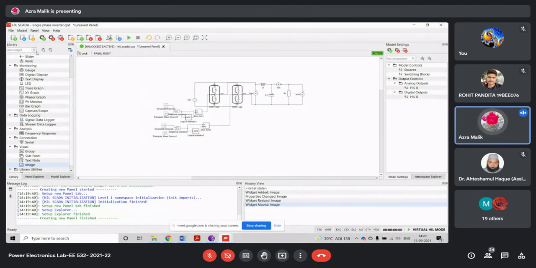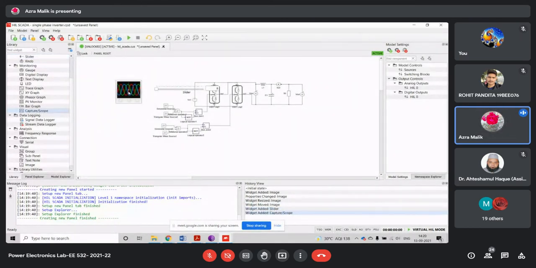For input source, we can use the widget as the slider, and we can directly import the scope from the library.